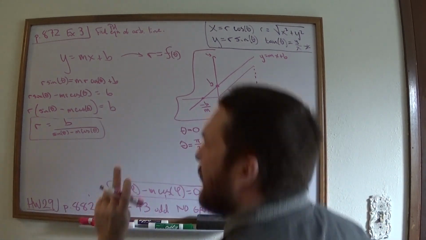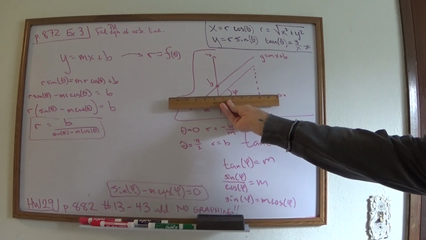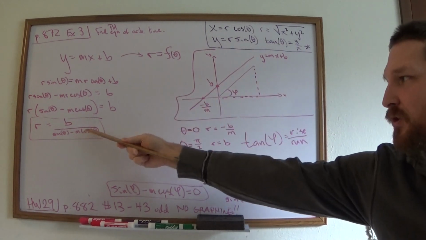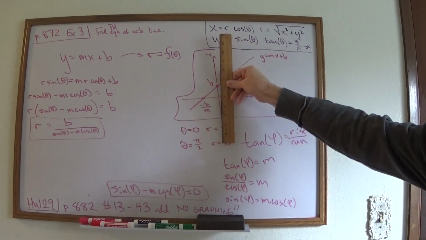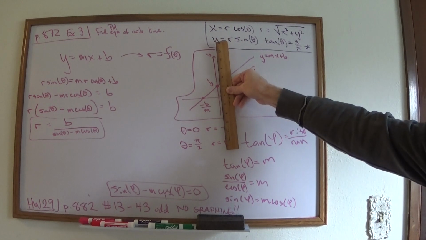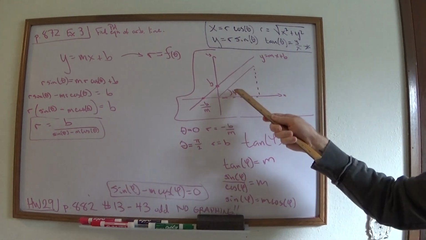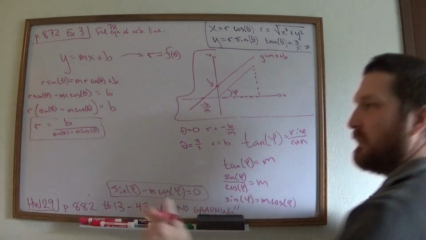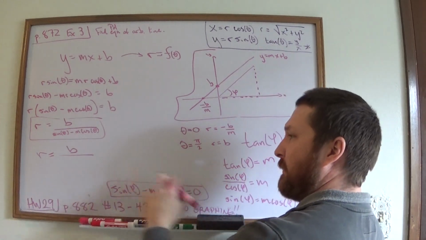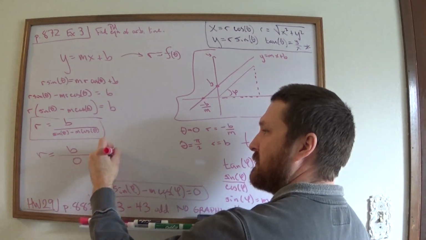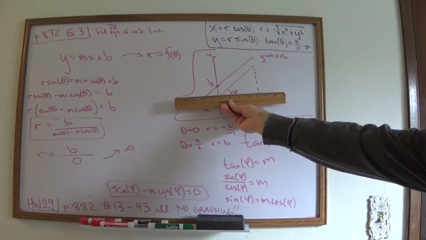And so when you're at that special place, as it goes along, when you're at 0, that function pops out a minus b over m. And when you're up here, it pops out a b. But when you're at that special angle, r of phi is b over 0, which is infinite, exactly what you would expect. How else could it be?